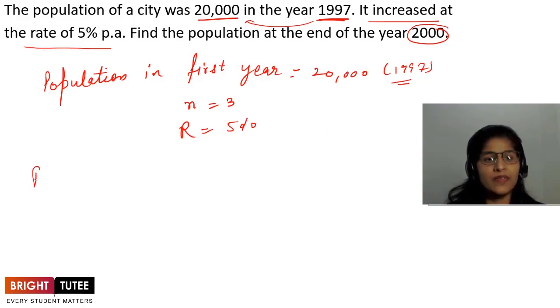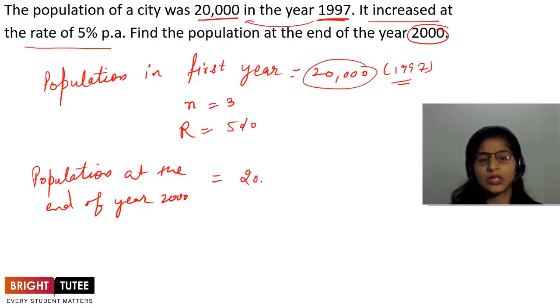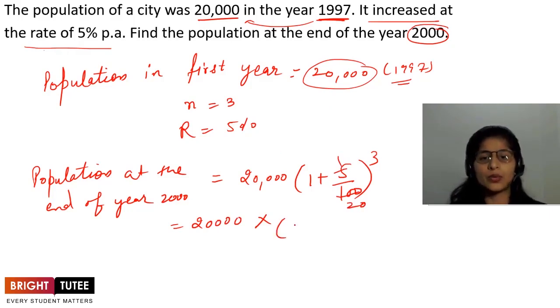But now we will calculate the population at the end of year 2000. So the principal that we are considering here is 20,000, the initial amount, 20,000 into 1 plus 5 upon 100, that is the rate, to the power 3. So we get 20,000 into 1 plus 1 upon 20, which makes 21 upon 20, to the power 3.